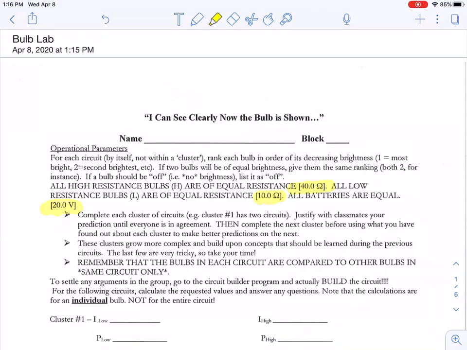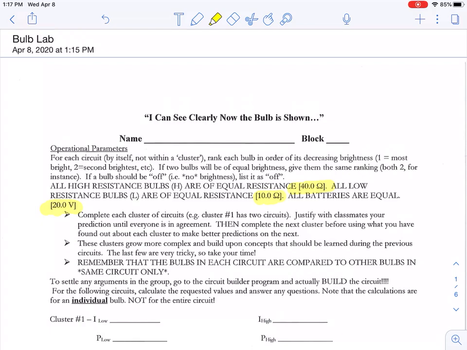They've actually studied this, and the reason that we're going to use this simulation, beyond the fact that I can't actually get you into the labs, is that in a real lab situation with actual bulbs, there are enough discrepancies in the resistance of the bulbs that sometimes you get an observation that you shouldn't have.